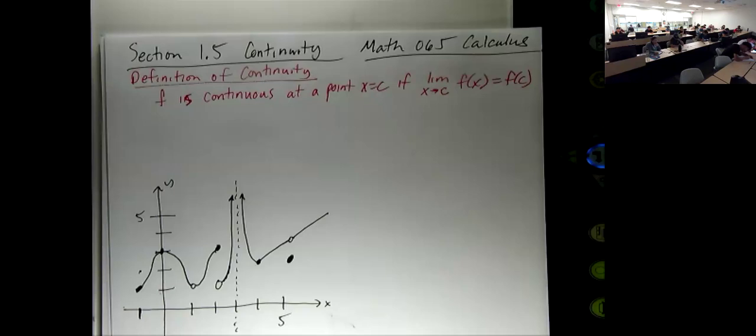Like you plug in c, you get f of c and it's good. But the limit thing is really what's changing on this up.